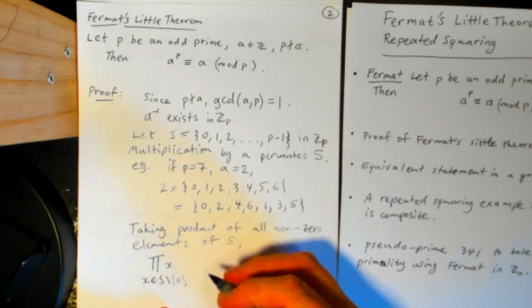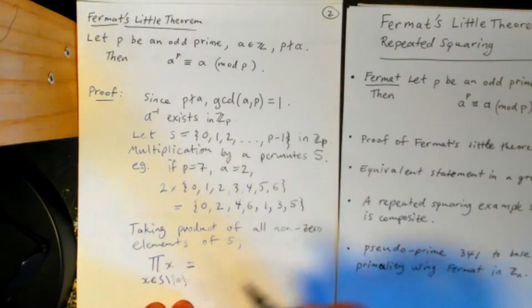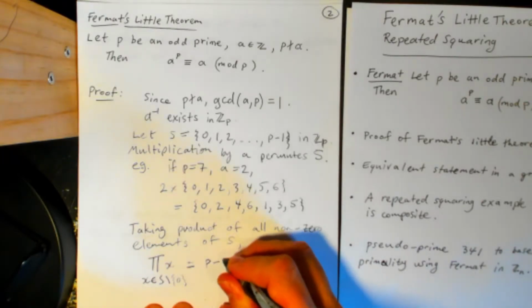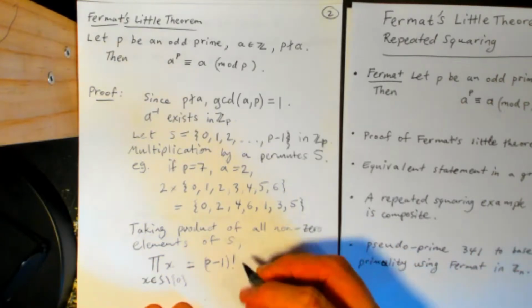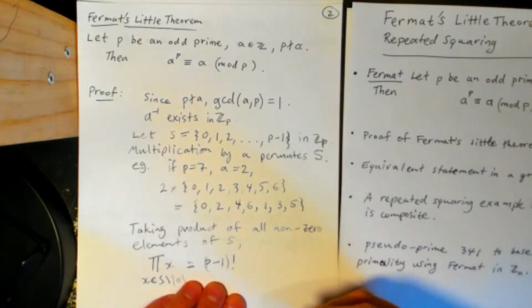Okay, now just looking at this, that product is going to be p minus 1 factorial modulo p.